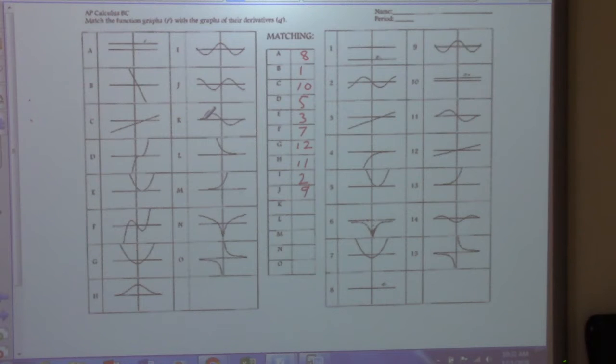K. So now, we are positive on this interval here, and negative from here to here. Where is that going to be?